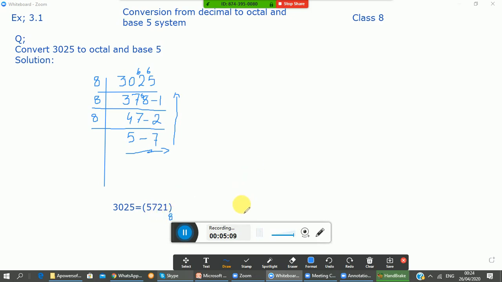Okay, now we have to convert this decimal number system into a base 5. So again we will draw two lines like this.